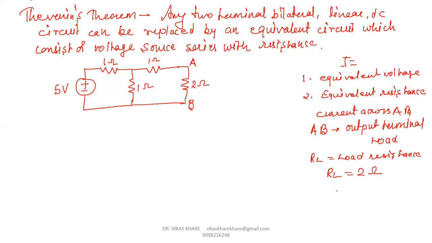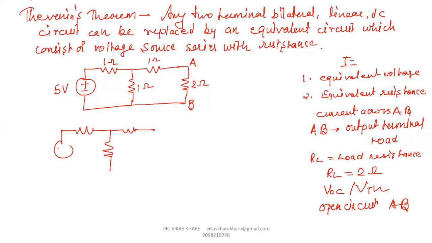Then we identify the value of open circuit voltage, or Thevenin's voltage, through the open circuit of the AB terminal. So in the given circuit, we have 5 volt, 1 ohm, 1 ohm, and 1 ohm.